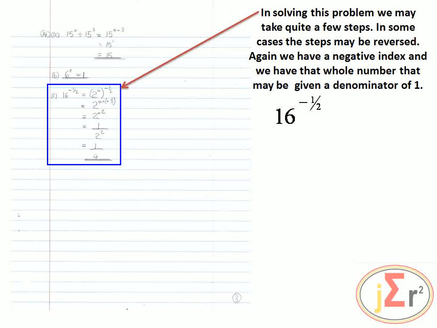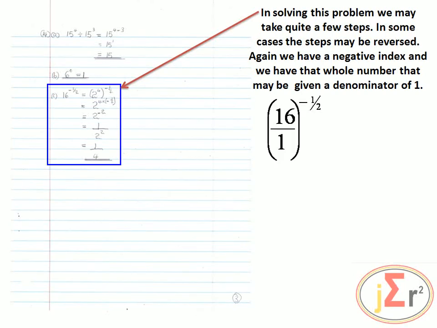In solving this problem, we may take quite a few steps. In some cases, the steps may be reversed. Again, we have a negative index, and we have that whole number that may be given a denominator of 1.